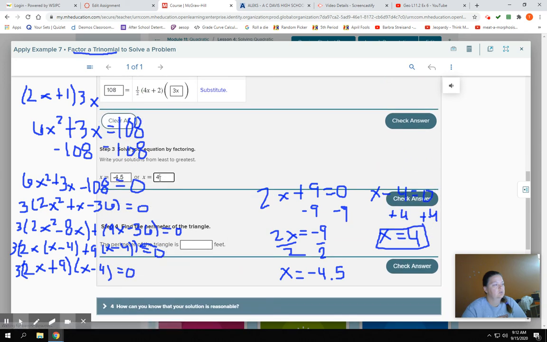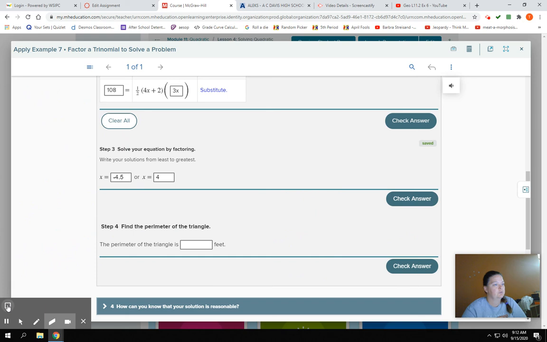So now, since we only want the positive number, we're going to plug that back into our problem for the perimeter, which if you remember from before, we said that the perimeter was 15 plus 15 plus 4x plus 2, which we simplified to 32 plus 4x.